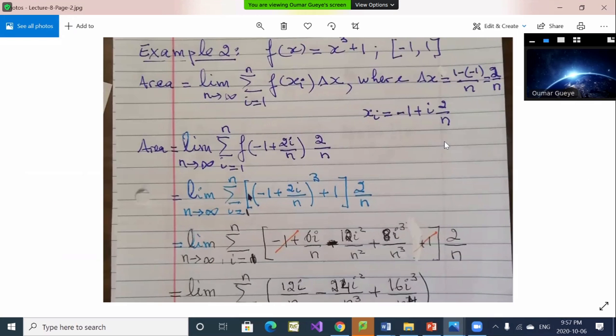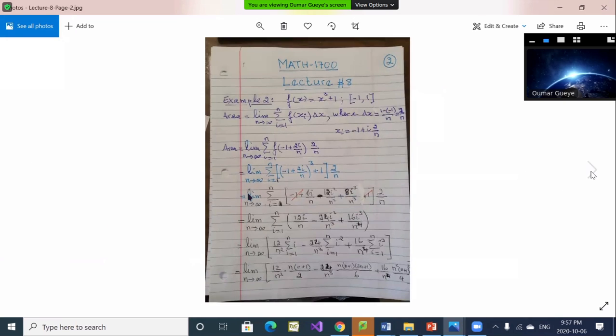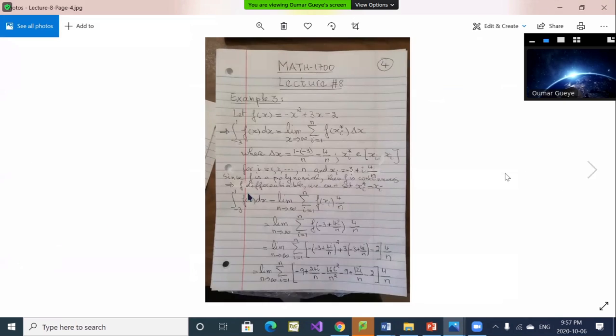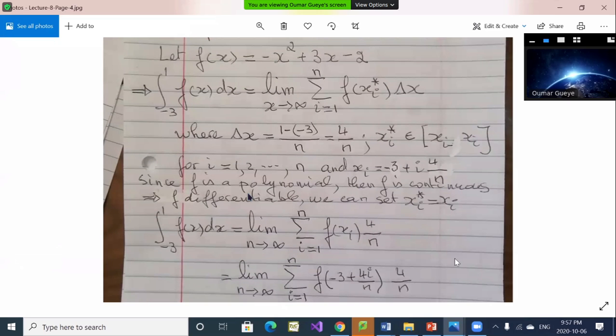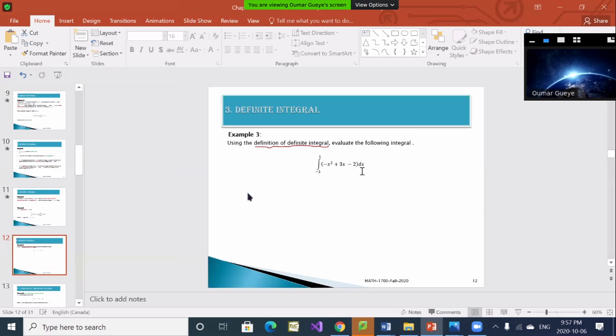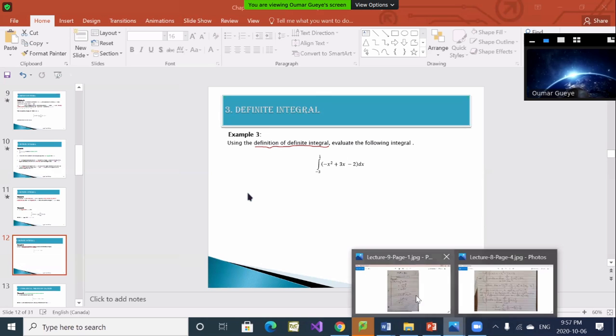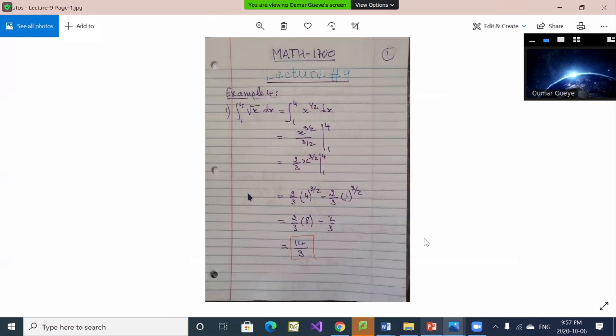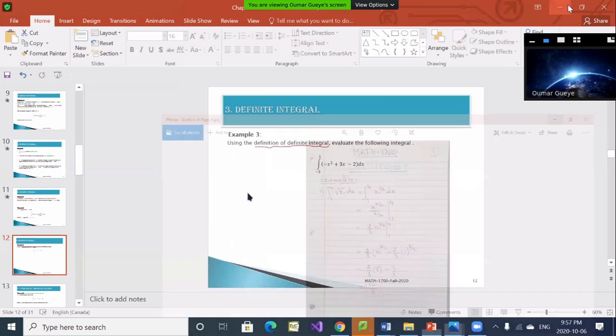So here is our function. Just keep in mind we would like to get this integral. I start by setting this polynomial function as f of x.